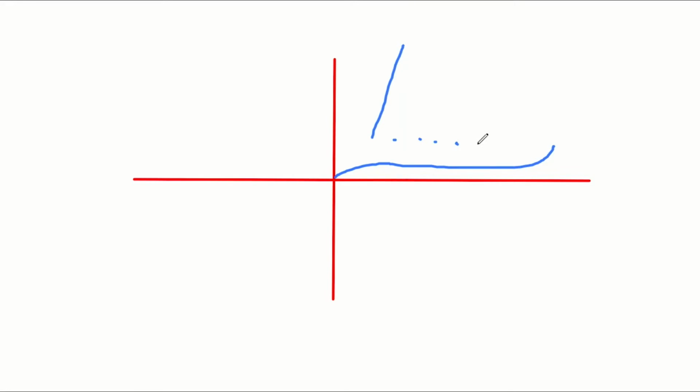So we are assuming that the thyristor is somewhere here, in forward blocking mode. What do we mean by forward blocking mode? That means that the anode is positive with respect to the cathode.